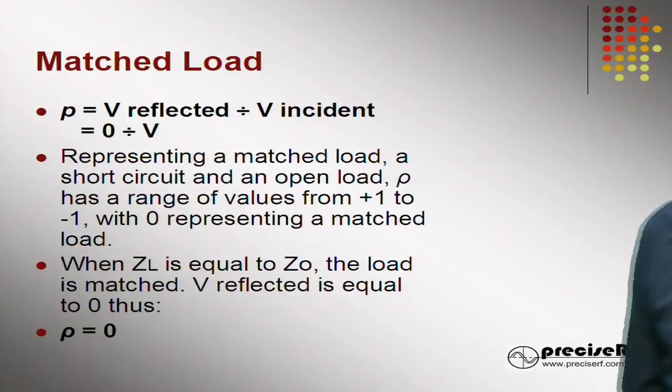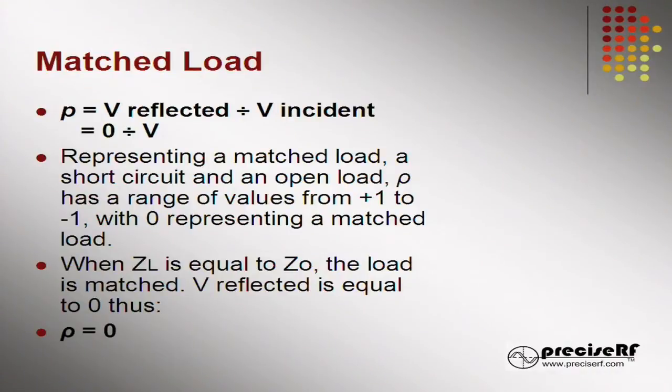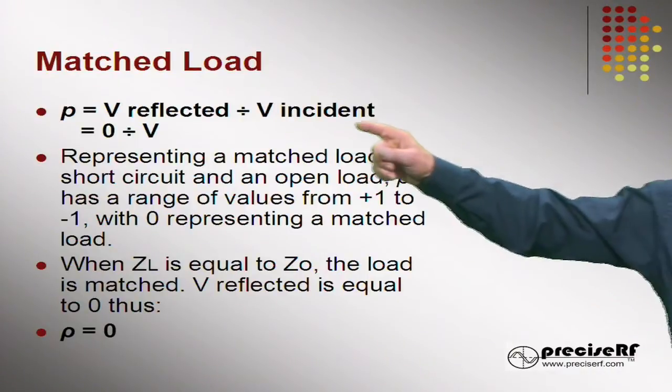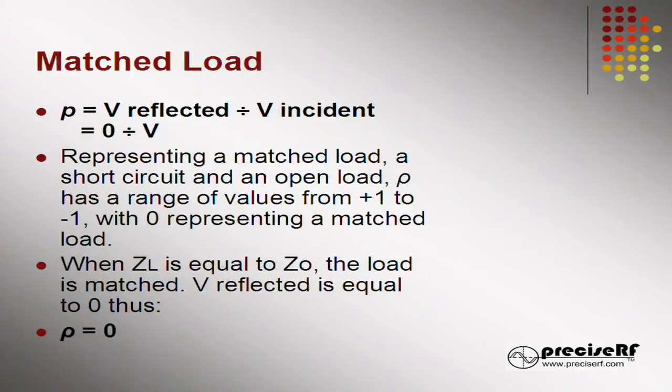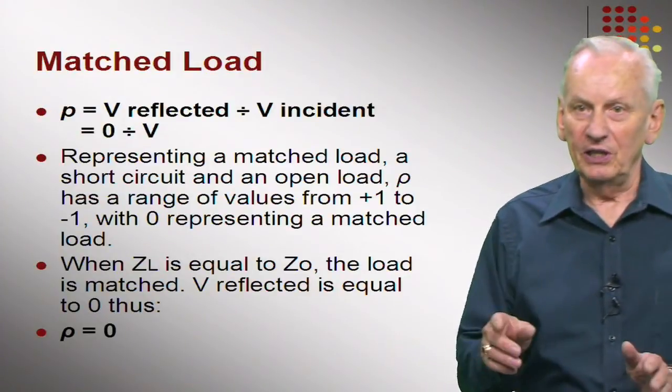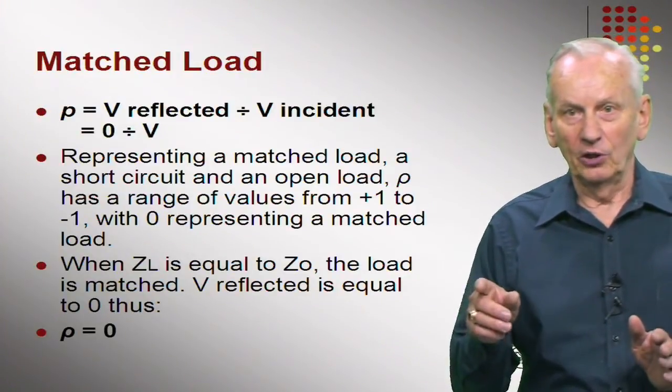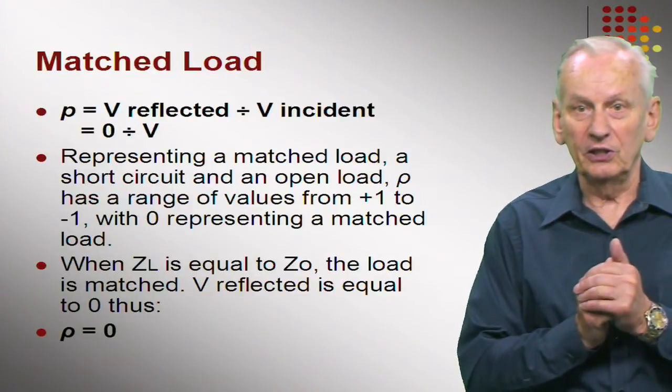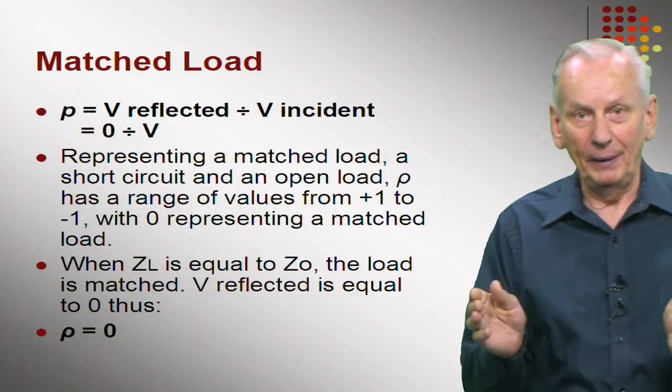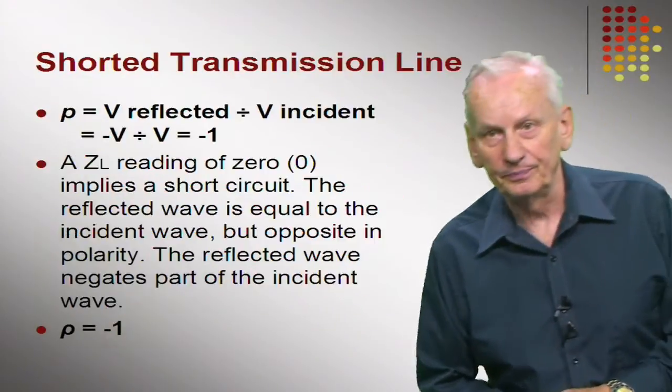Now on a matched load, we can see our original formula right here. And so representing a matched load, a short circuit and an open load, P has a range of values from +1 to -1, with 0 representing a matched load. So when ZL equals ZO, the load is matched. V reflected is equal to 0, thus P equals 0.